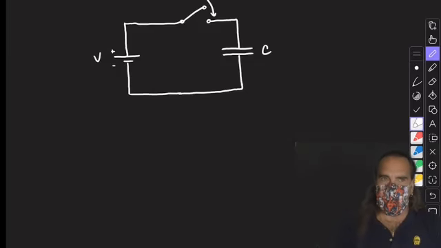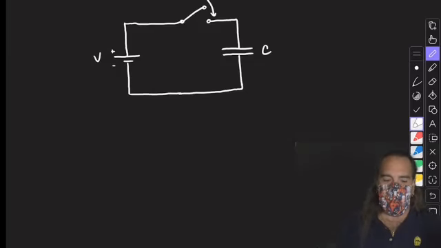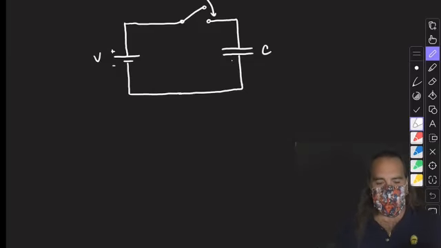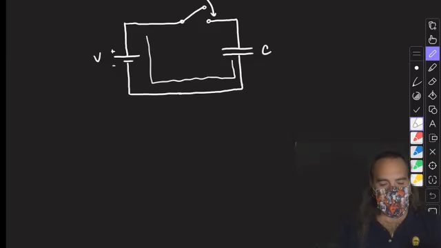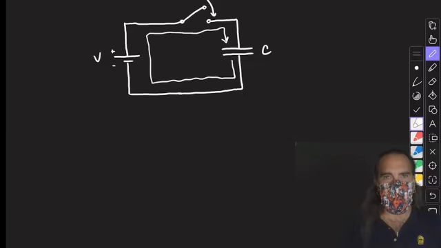Again, it's like a bucket and it stores charge. So what actually happens is, although current doesn't flow everywhere in the circuit, current will flow from one side of the capacitor to the other side of the capacitor. So other things in the circuit will experience the flow of charged particles as charge is separated from one side of the capacitor to the other.